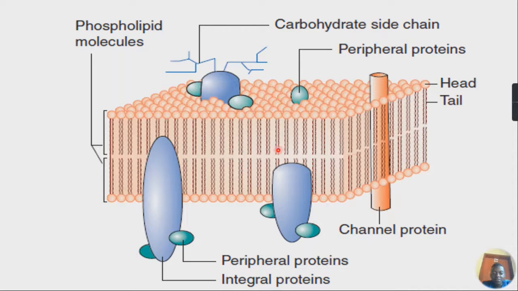Okay, and as you can see, it has some heads and the tail. That is a single phospholipid, a head and a tail. You can notice the way they face. If this is the cytosol and this is the extracellular matrix, then we have the heads facing each of those, and the tails are facing the center of the cell membrane.